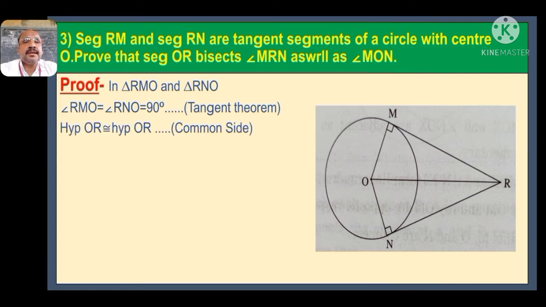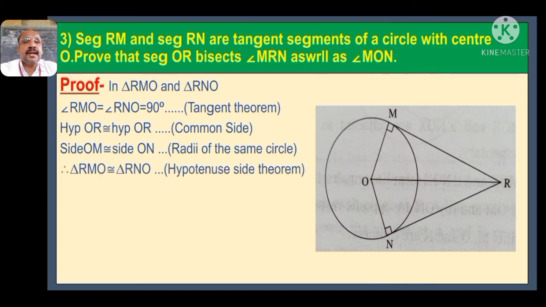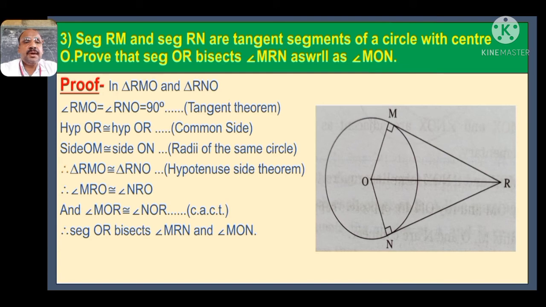Hypotenuse OR is congruent to hypotenuse OR, which is the common side. Side OM is congruent to side ON, radii of the same circle. Therefore, triangle RMO is congruent to triangle RNO, by the hypotenuse side theorem. Therefore, angle MRO is congruent to angle NRO and angle MOR is congruent to angle NOR, corresponding angles of congruent triangles. Therefore, segment OR bisects angle MRN and angle MON.